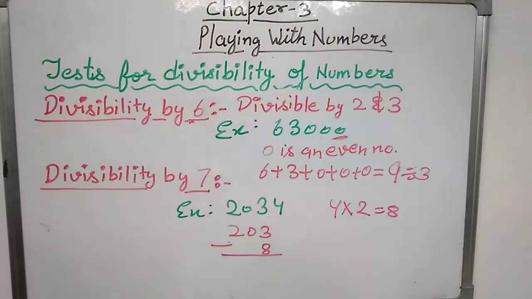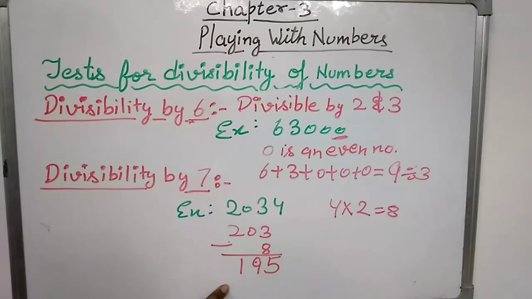Subtract. On subtraction we get our answer as 195. Now it is not identifiable whether it is divisible by 7 or not. So we will repeat this process again.